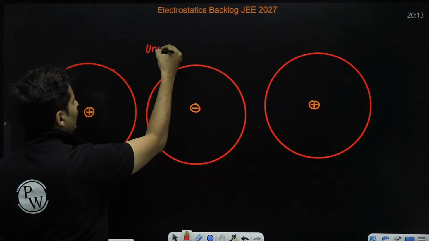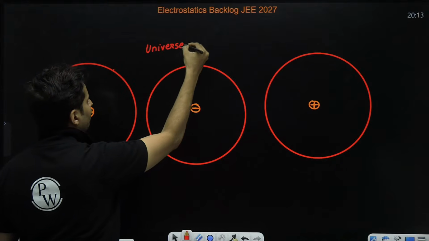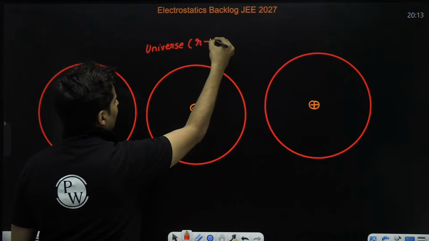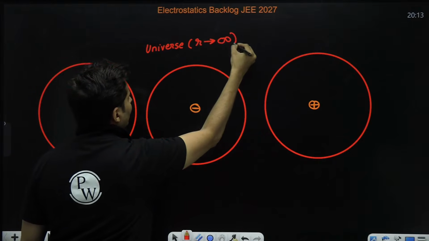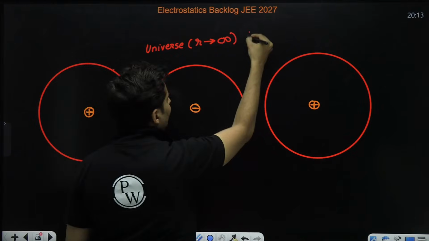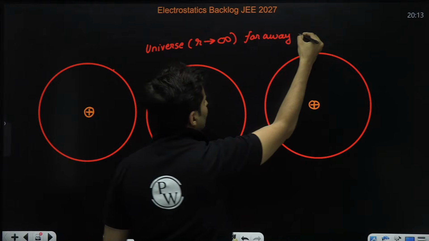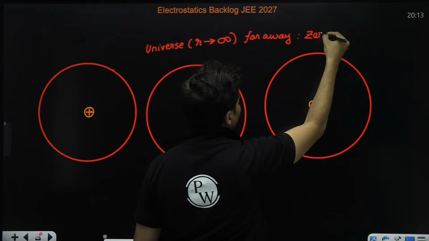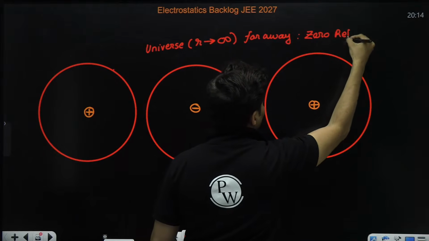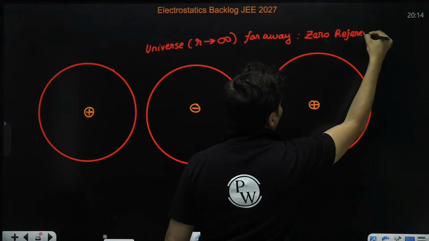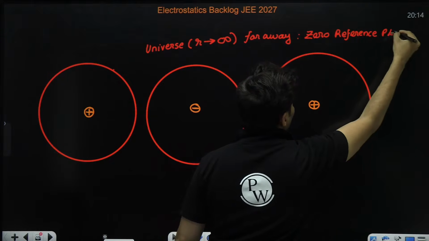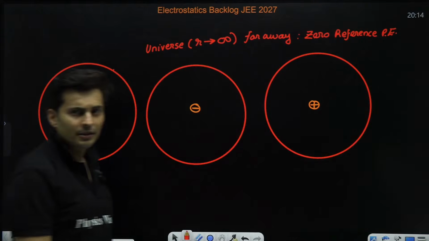This is our universe. So that means the distance becomes infinitely large, very, very far away. And at these places, you take it as 0 reference potential energy.